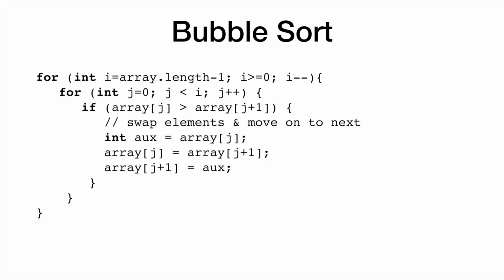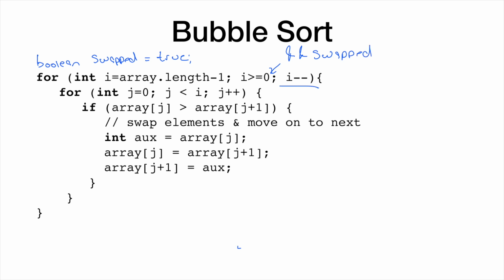So we can add a short circuit to this code. And we can say up here, let's add Boolean swapped. And initially we set that to true. And in this condition we want to say I not only greater than 0, but and swapped.